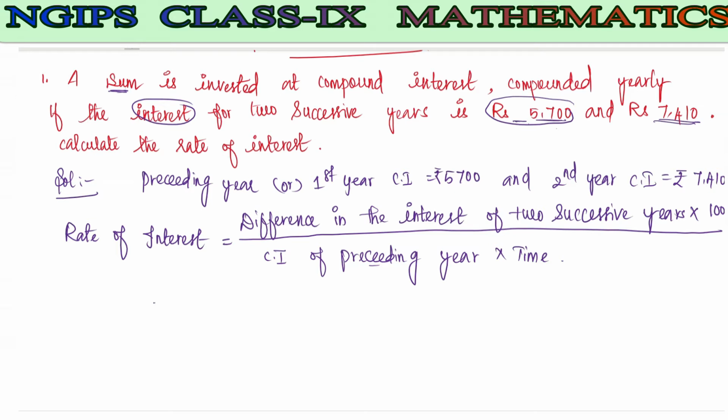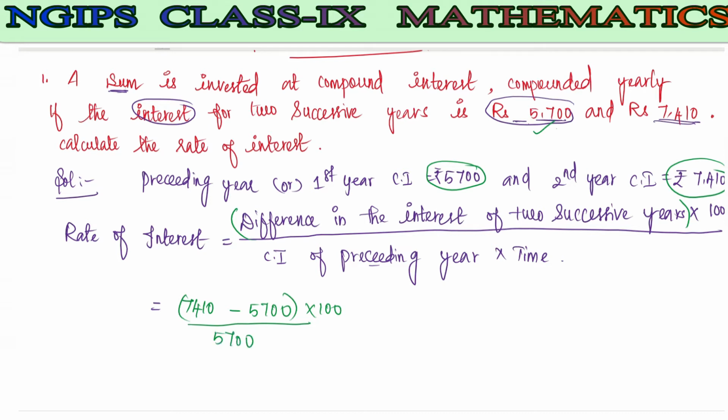Now here we have the difference in the interest of 2 successive years. So for the difference we subtract the interest of both years. Always remember, compared to the first year, the second year compound interest is more. So 7,410 minus 5,700, the difference between 2 successive years, into 100, divided by compound interest for the preceding year, which is the previous year, 5,700, into the time period.